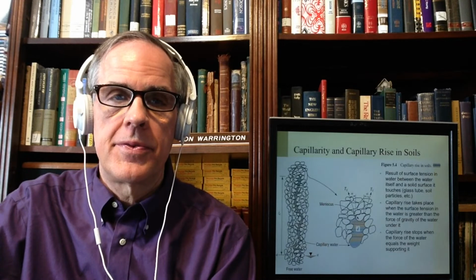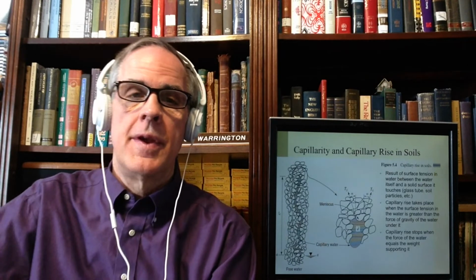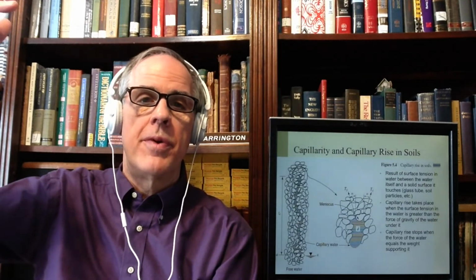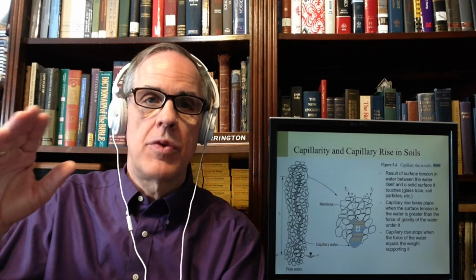This is referred to as capillary rise. It's one of those gravity-defeating, death-defying kinds of things that under certain conditions can get you into trouble. Like anything else in static equilibrium, the surface tension of the water tends to pull the column up. And when it reaches the point where the surface tension's force is equal to the weight of the water it's supporting, then capillary rise stops.